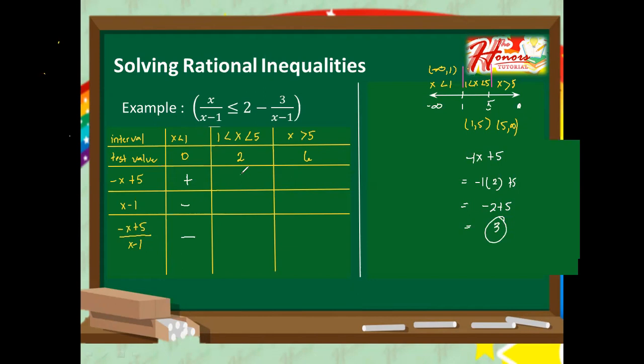Sign is positive, so plus here. And then we have x minus 1. The test value is still 2. X is 2, so minus 1, that's 1. Positive. Positive divided by positive is positive.